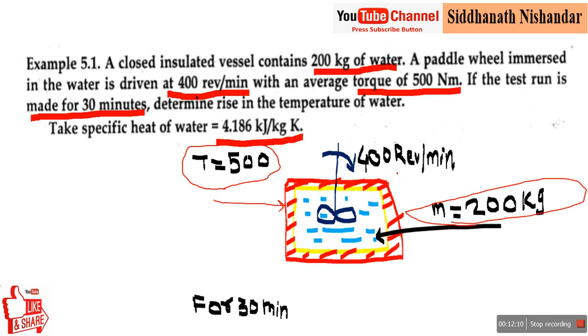The fundamental formula of shaft work is 2 pi N T. 2 is constant, pi is constant, N is the revolutions. The revolution is 400 per minute, but it is carried out for 30 minutes, so it is multiplied by 30, and T is the torque given.